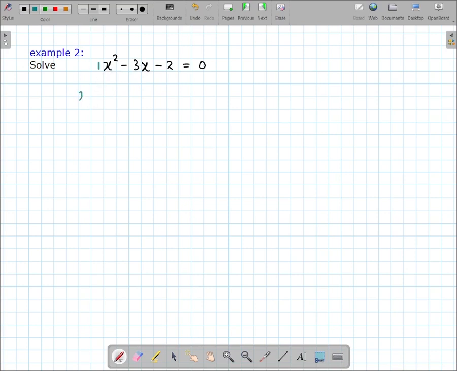So let's write x squared minus 3x, then we take the linear term coefficient, that is 3, divide that by 2, that is 3 over 2, then we square it, that is 9 over 4. Then add 9 over 4 minus 9 over 4 minus 2 equals 0.